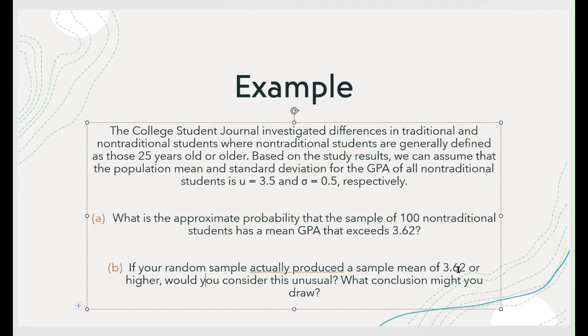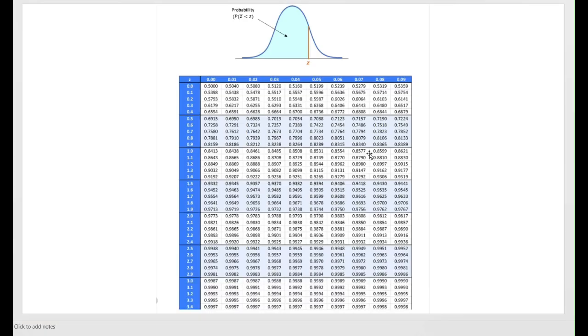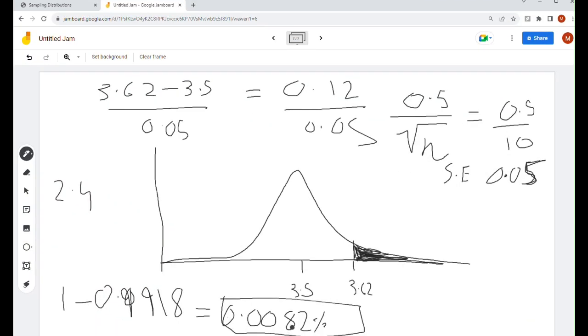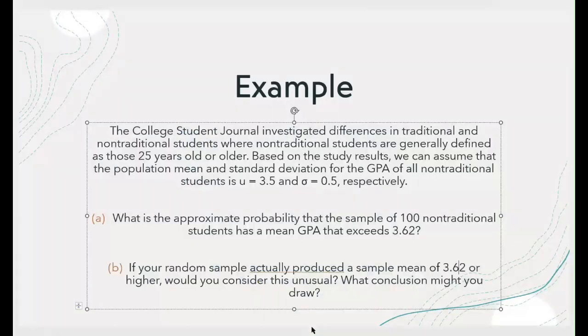So basically, we know that the probability of getting something higher than this is very low. It's extremely low actually, 0.0082. So we'd be extremely unlucky in getting that. Because it's very unlikely, it is an unusual result.